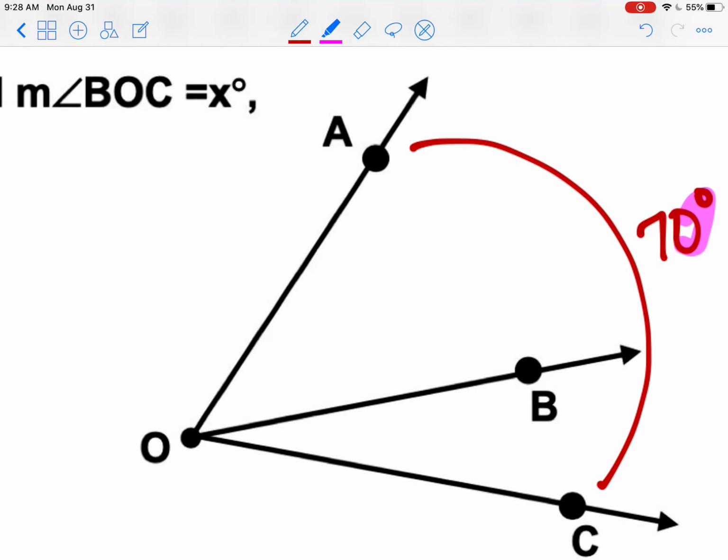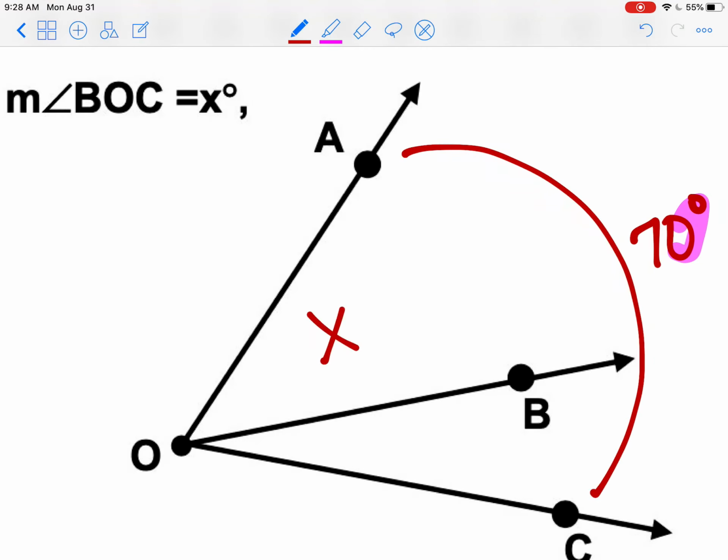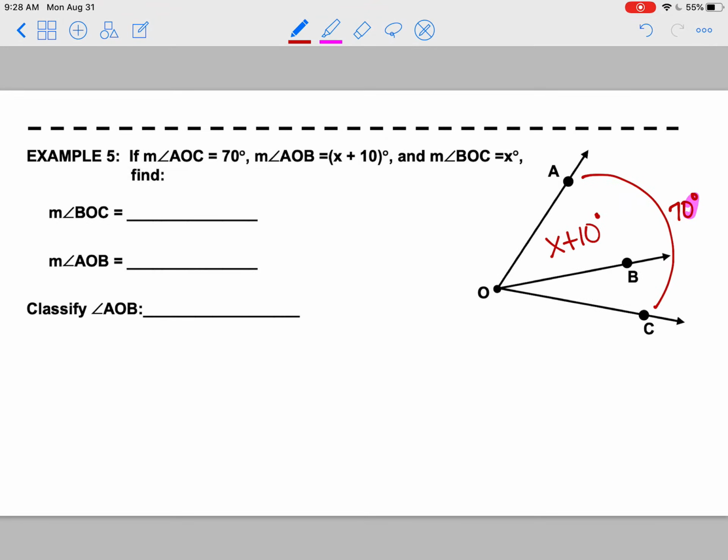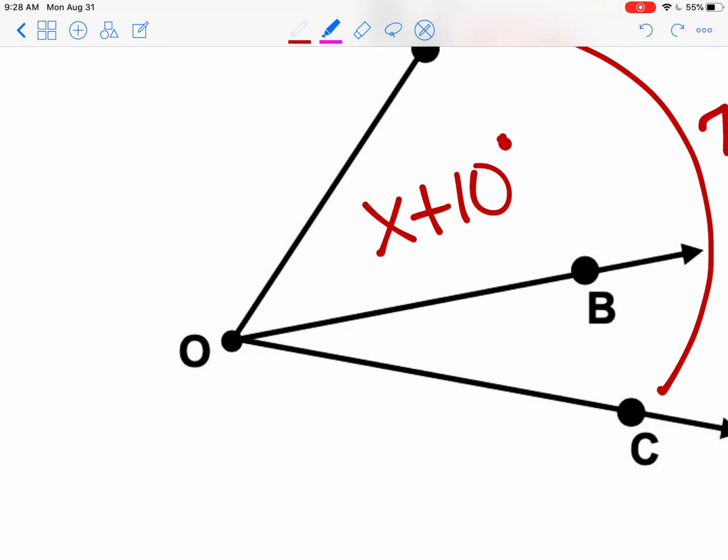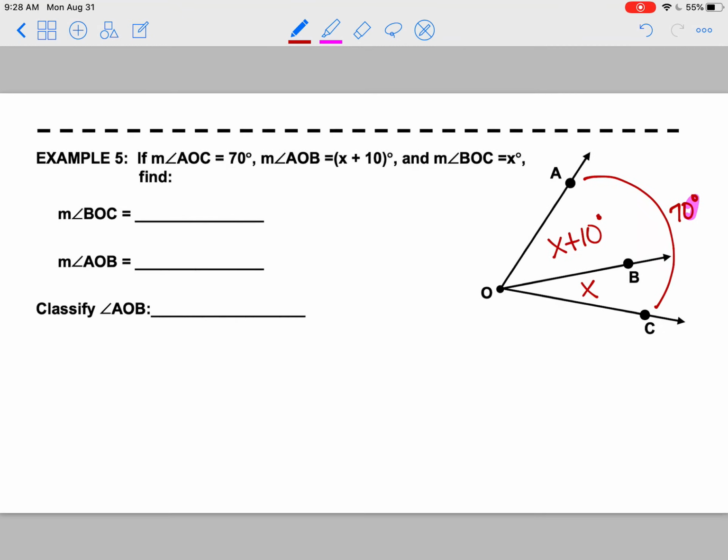That is x plus 10. And then BOC, trace BOC, is x.